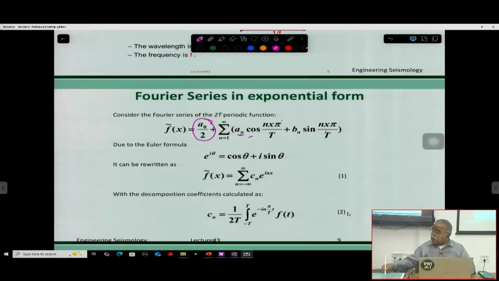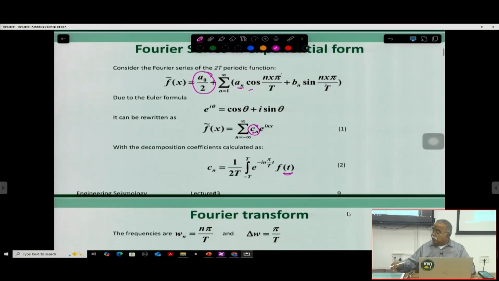Then that will be equal to Cn times this part, and this Cn is the amplitude. If you integrate from minus T to plus T, then it will be i pi by T into n into f(t), right? So if you need to calculate Cn from here, you can use those f(t) values and compute it.